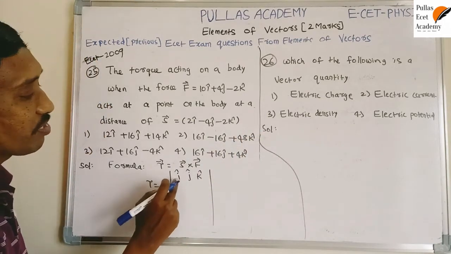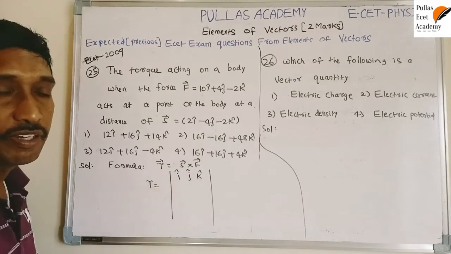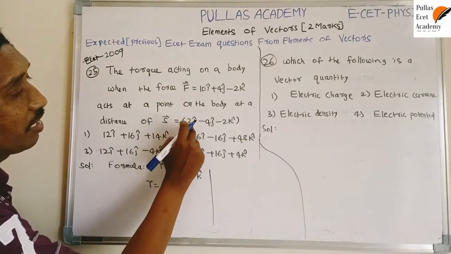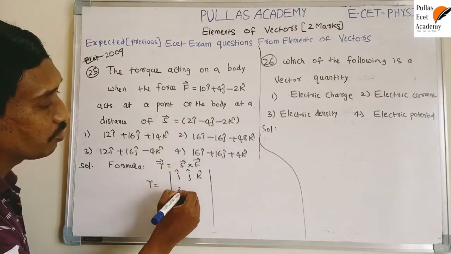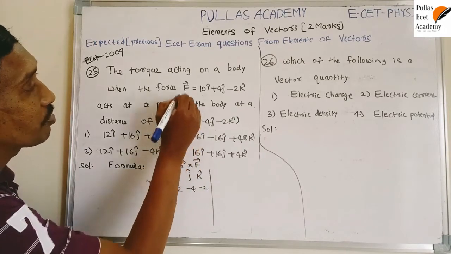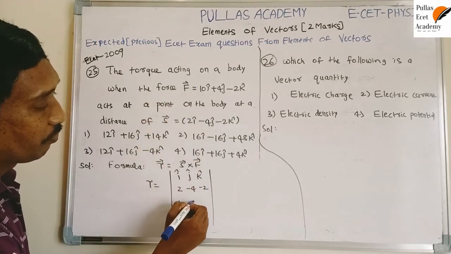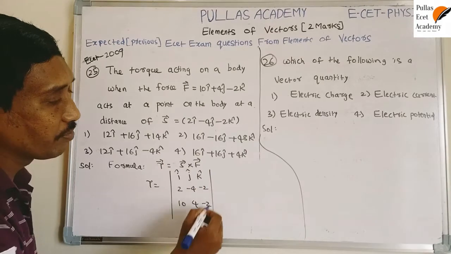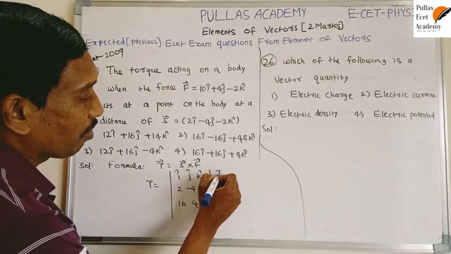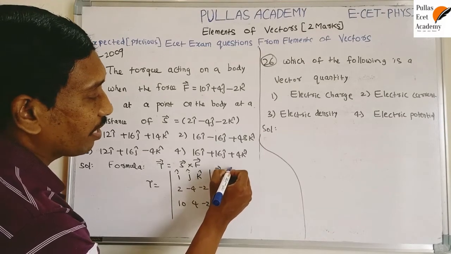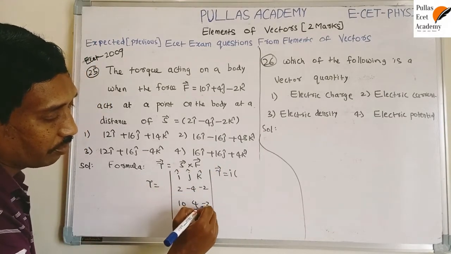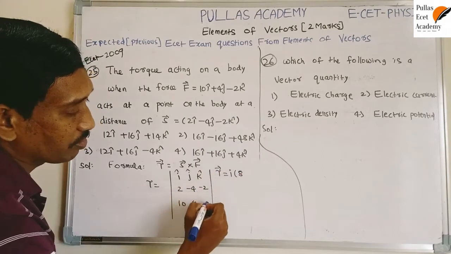In this method, first write the unit vectors i, j, k in the first row. Next write the position vector x, y, z components, that is 2, minus 4, minus 2, and the force vector is 10, 4, minus 2. If you simplify, you get it here. How to simplify? This tau bar is equal to i cap, first the x component, that means take the data of these four numbers. Minus 4 times minus 2 is 8.